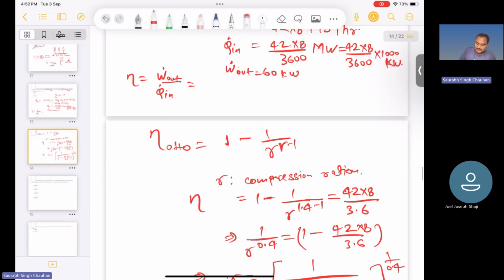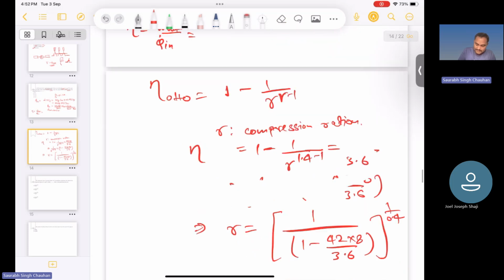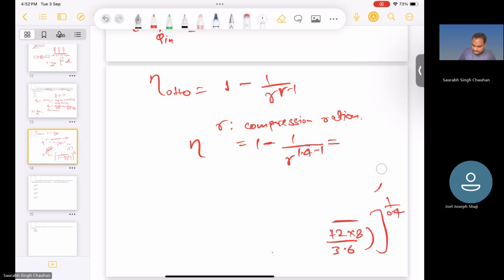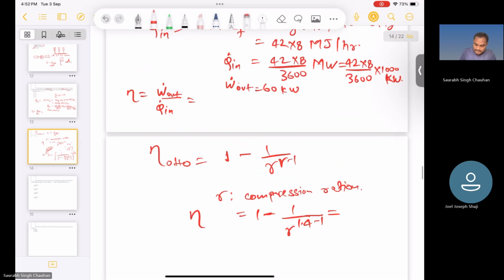Yes, this efficiency value we have put it wrong. Okay, 16 we have left. So from here we can find the efficiency.